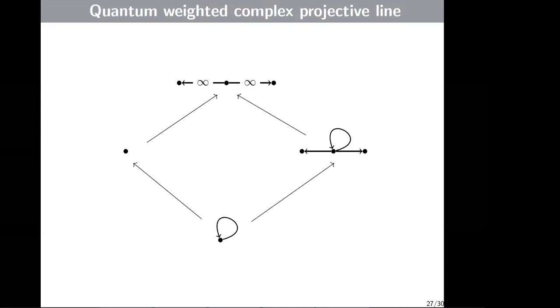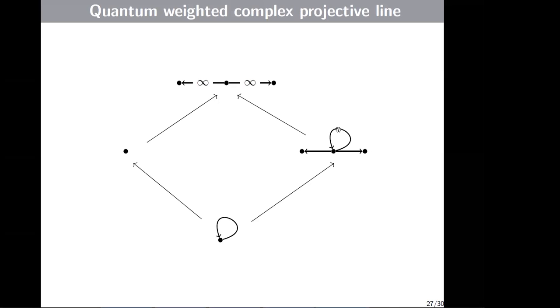Remember this example of two kissing spheres? If you take the diagram, which is a loop going to the left, think about it as one quantum disk. If you take the same loop going to the right, this is another quantum disk. So this diagram has two quantum disks glued together over the boundary circle. So this is a two-sphere. It's again the Podleś quantum sphere, but the so-called equatorial one. That is different from the standard one.